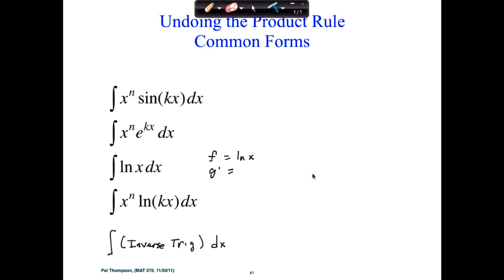So we do fg equals integral fg prime plus integral, and the whole point of undoing the product rule is this is something attainable or easier, whereas this isn't immediately attainable. So then we solve for this indirectly, right? We do f times g minus the other term of the product rule.